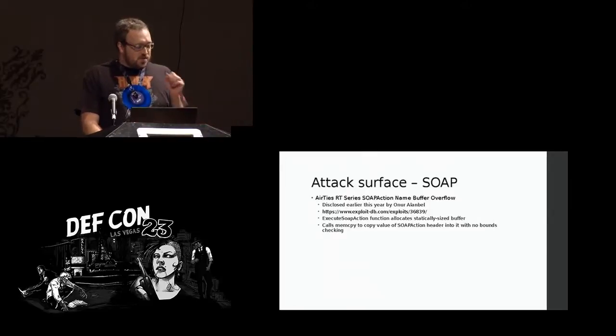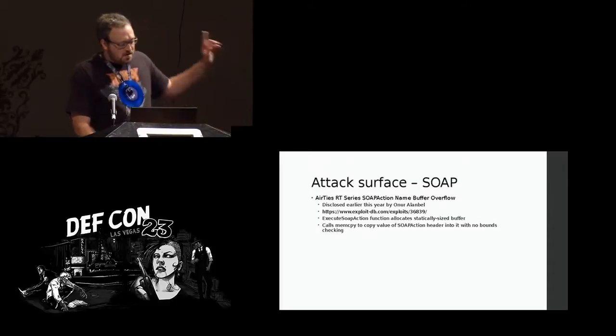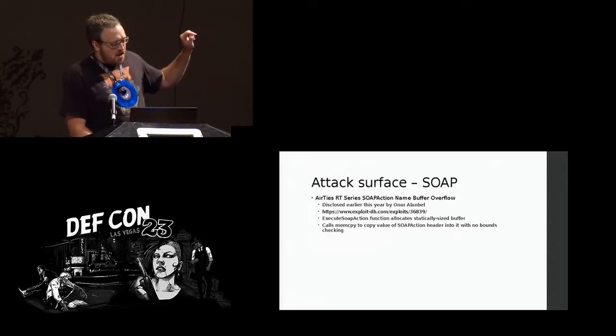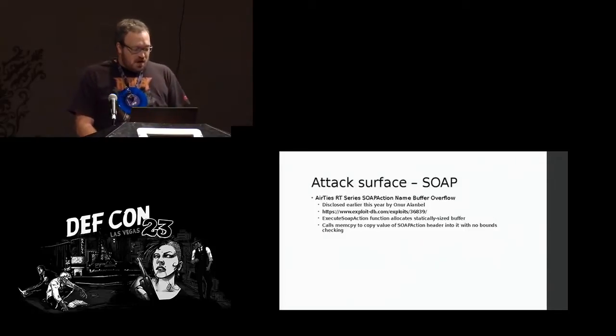All right, this one was a pretty recent one from this year in the Airties RT series devices. Again, disclosed by Owen Alan Bell. There's the link to the vuln.